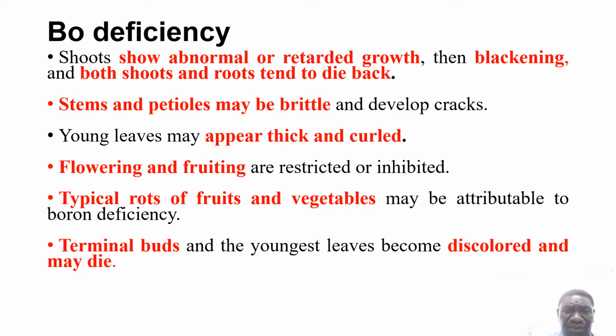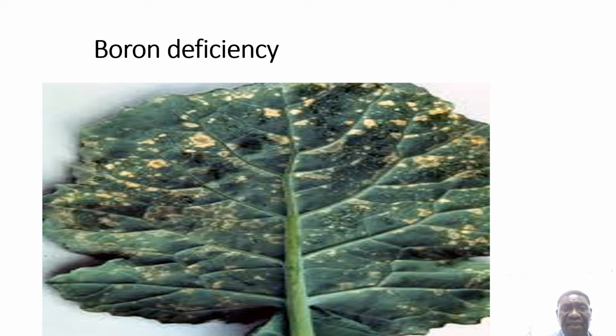Typical rots of fruits and vegetables may be attributable to boron deficiency. Terminal buds and the youngest leaves become discolored and may die. You can see these spots showing boron deficiency.